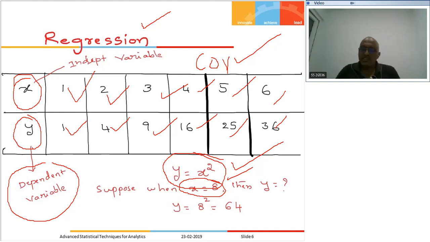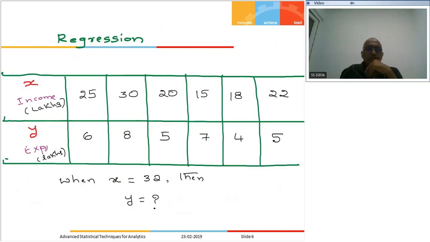I think it is very easy, so no difficulty, right? If not difficult, we'll try one more problem.